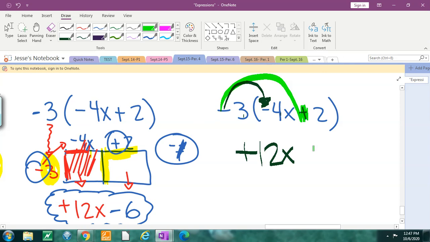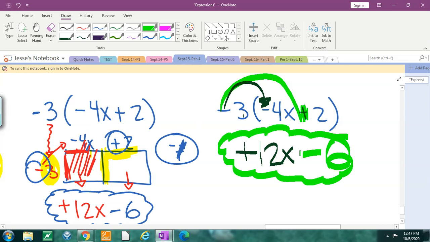Negative times positive is negative, and then 3 times 2 is 6. Do you see how we get the same thing? It's the same answer. But like I said, I like this one because I see the signs. Here, kids will probably get the sign wrong. So it's whatever you feel comfortable with. All right. Good.